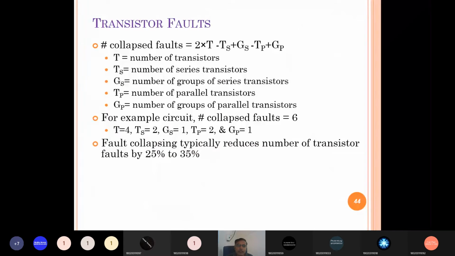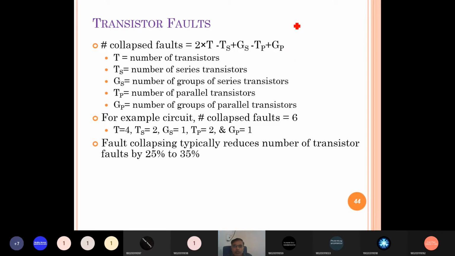In transistor faults, to find the collapsed fault list after removing the redundant faults, it is equal to 2 times the total number of transistors, minus the number of series transistors, plus the number of groups of series transistors, minus the number of parallel transistors, plus the number of groups of parallel transistors, right?